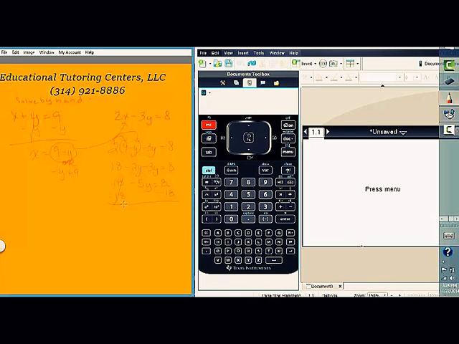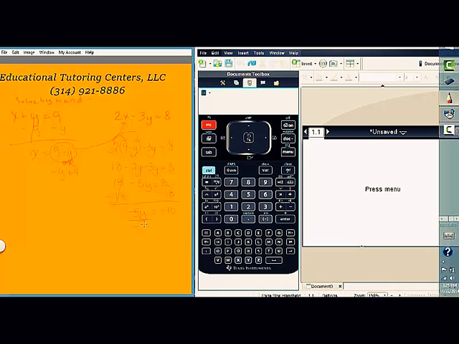So I'm eliminating the constant of 18 from this left side, leaving me with negative 5y equal to negative 10. If I have $8 and I want to spend $18, I'm going to be short $10.